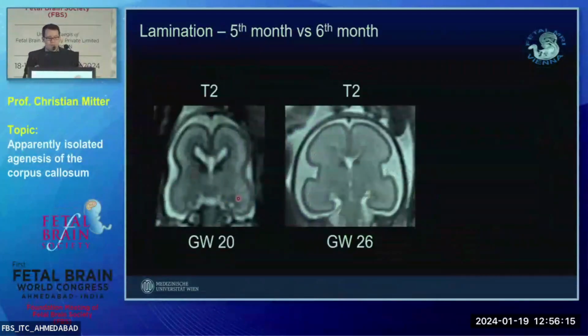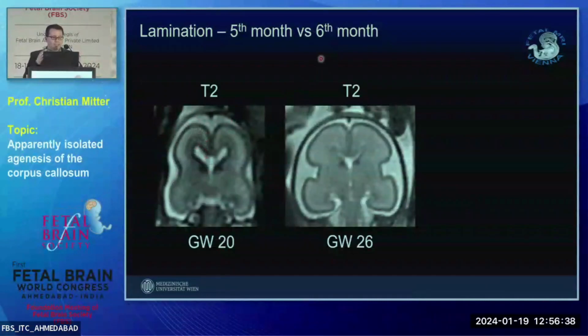In the 5th month, about gestational week 20, this can be very well seen on T2 weighted images. We see here a dark cortical plate, a bright subplate, the intermediate zone, which has an intermediate signal intensity, and again in dark, the ventricular zone where the germinal matrix is.